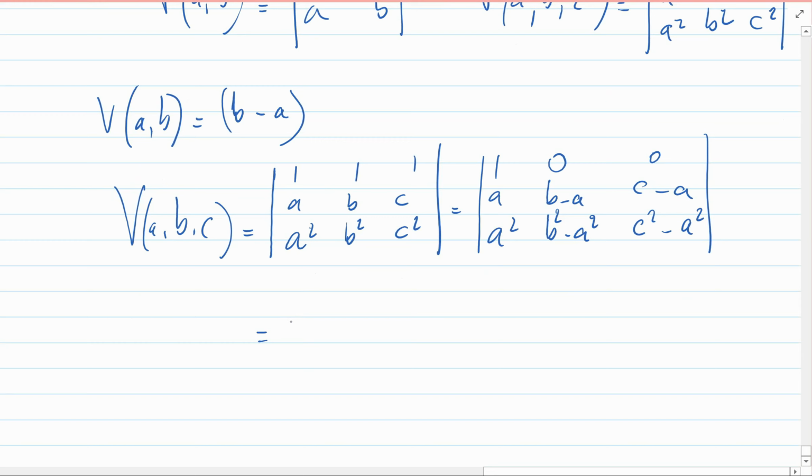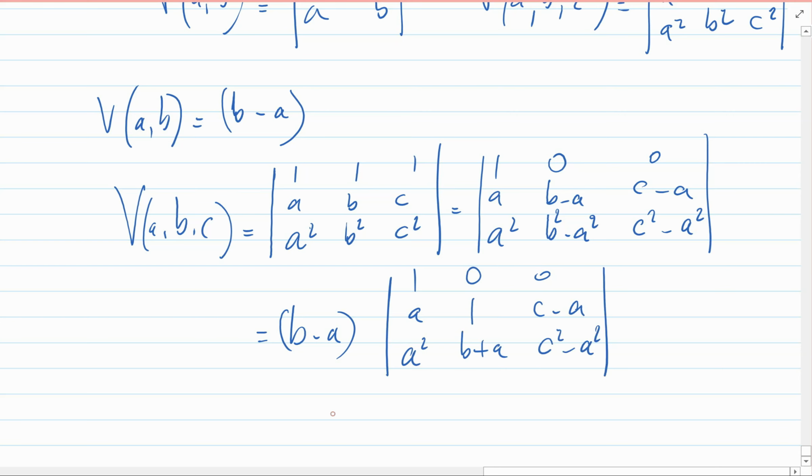Let me do it. I'm not going to do two of them at once, just to emphasize something here. Taking b minus a from the second column gives me 1, a squared; 0, 1, and b squared minus a squared, that's b minus a times b plus a; and 0, c minus a, c squared minus a squared.